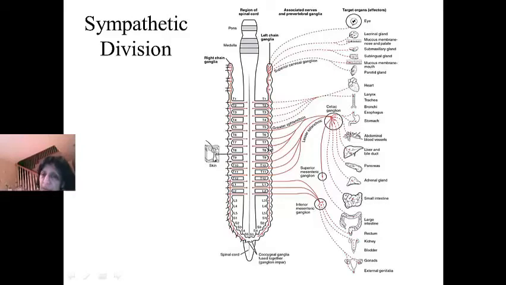Yet another one that is of interest to us in the sympathetic division is the adrenal gland. The preganglionic neuron would reach the adrenal cortex and adrenal medulla, and supply the adrenal medulla.